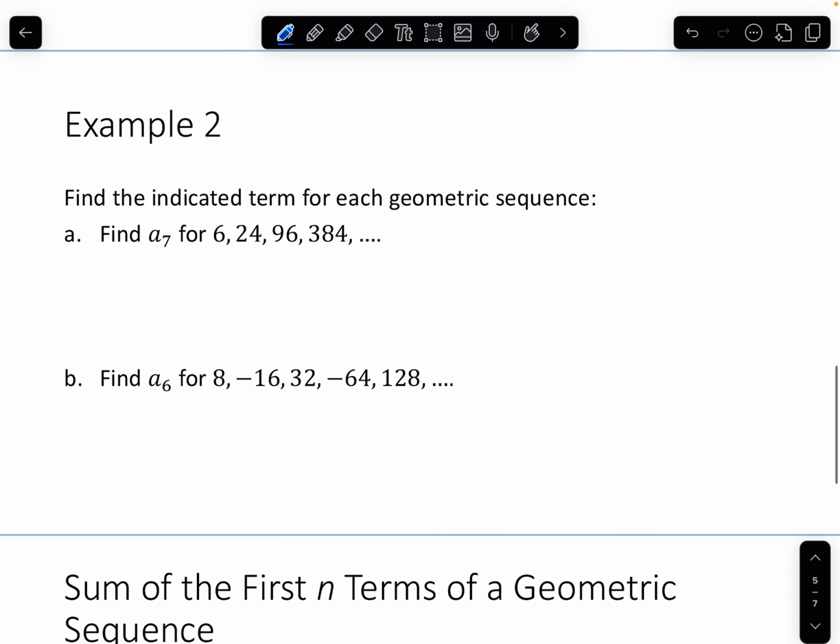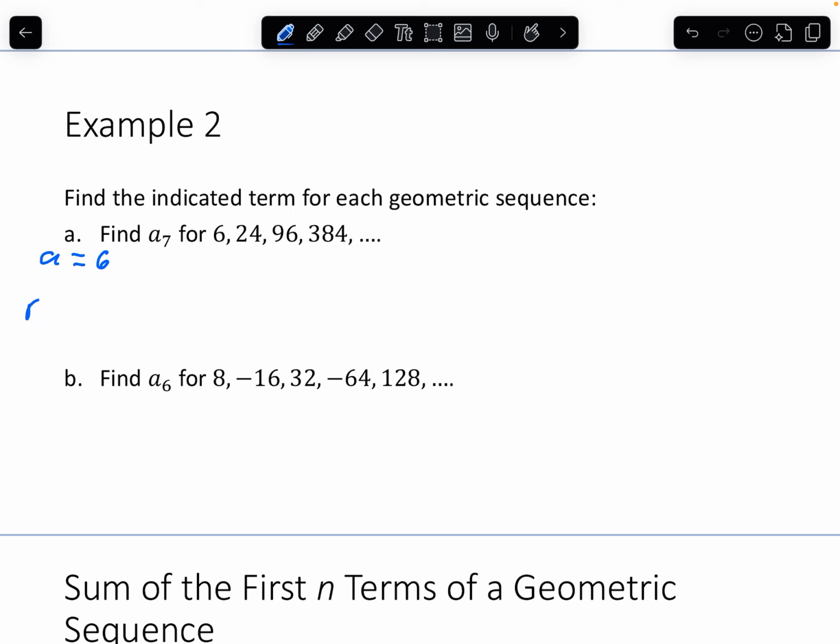So here are two examples. We want to find the indicated term for each geometric sequence. A sub 7 and 6, 24, 96, 384. So this sequence starts with 6, so the value for a is going to be 6.